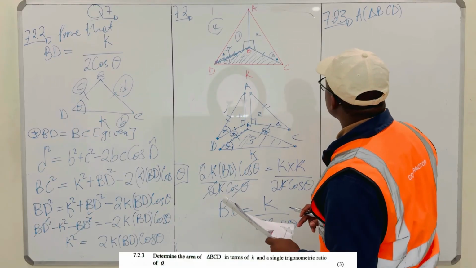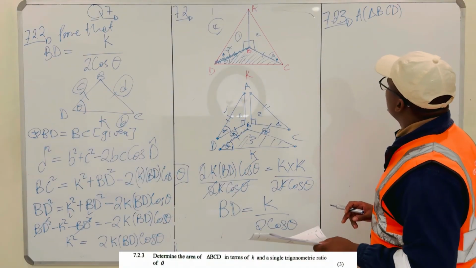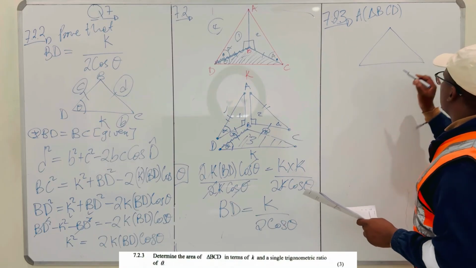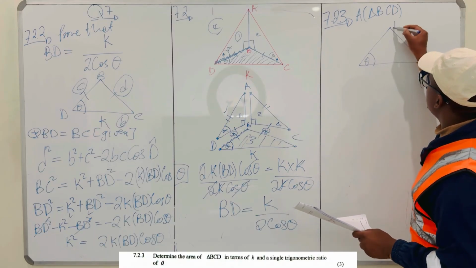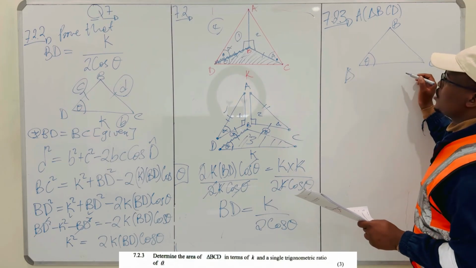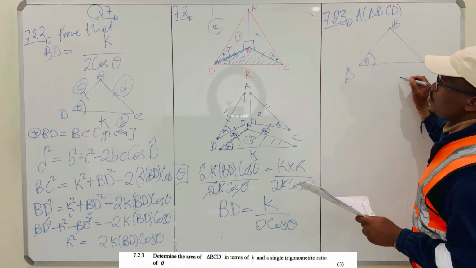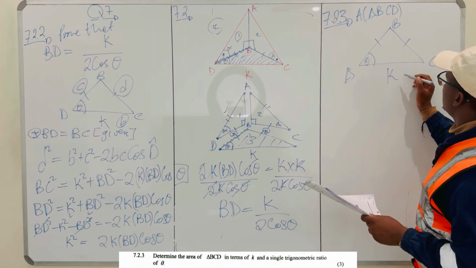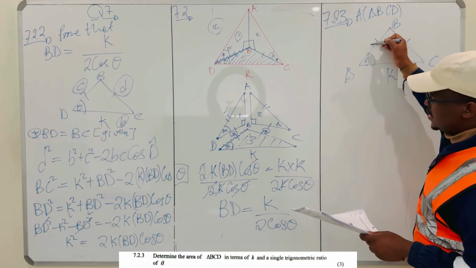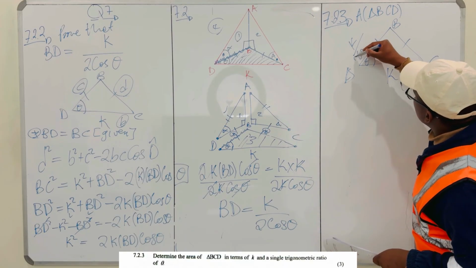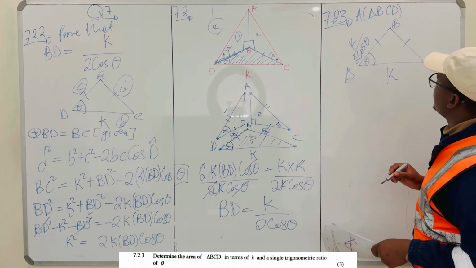No problem. Let me redraw it again. So here it is. This is B, this is D, this is C. This side is equal to this side, and this is K, and this side here is BD. We just found that BD is equal to K over 2 cosine of theta.